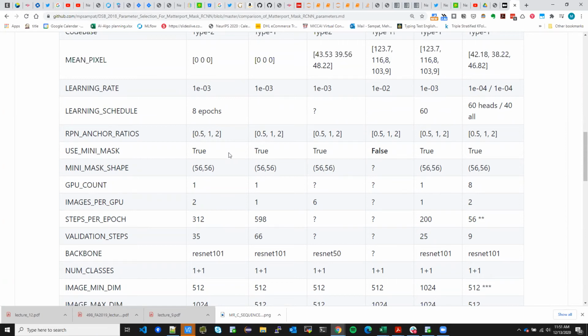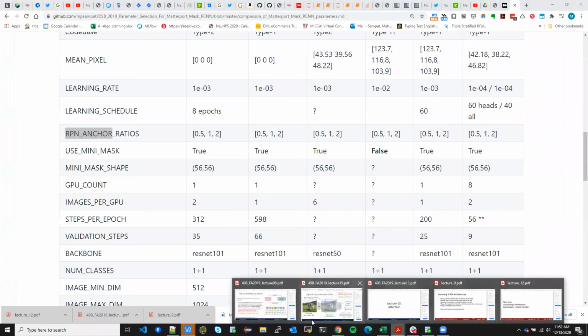Do I want a value of 1, which means a square anchor, while a value of 2 might mean a more vertical or a horizontal anchor? So this RPN anchor ratios idea extends even to other methods after Fast R-CNN.